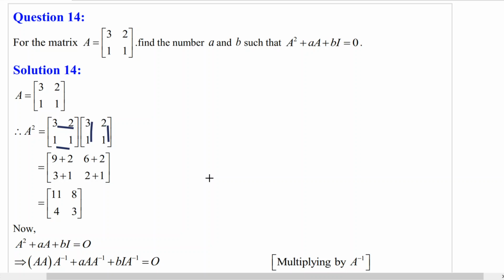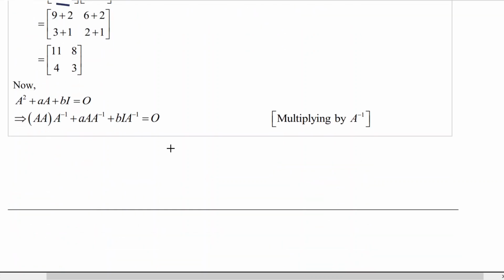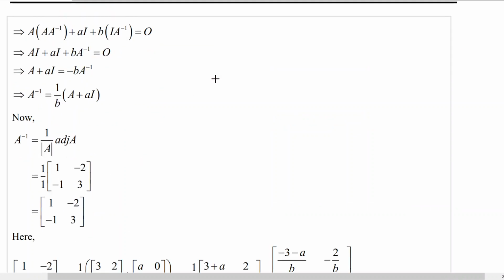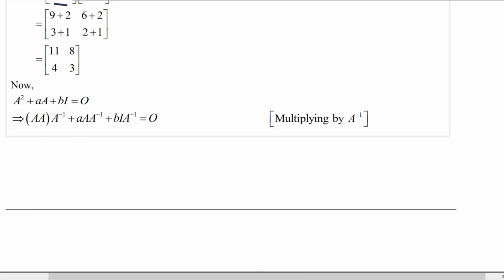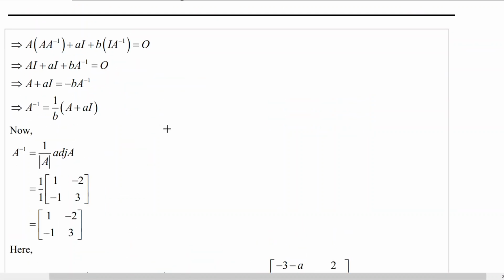Okay, we need to find small a and small b. So once you get this, multiply the whole equation by A inverse. So again, A square can be written as A into A. Here also A inverse and I into A inverse. 0 matrix into A inverse will be 0 only.